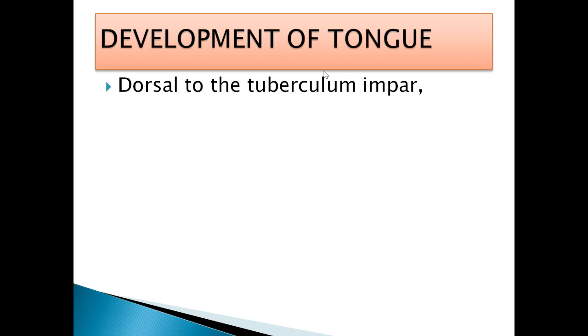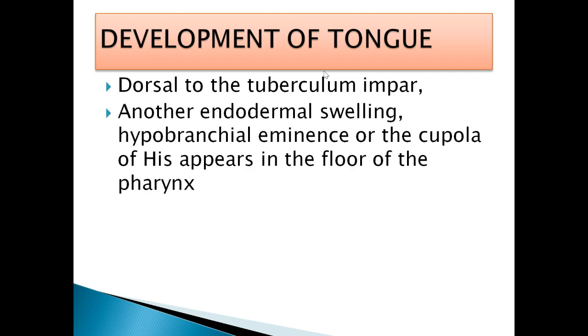Now the pharyngeal part of the tongue will develop. How will it develop? Dorsal to the tuberculum impar, another endodermal swelling appears. The name of this endodermal swelling is hypobranchial eminence. Another name is the cupola of His.